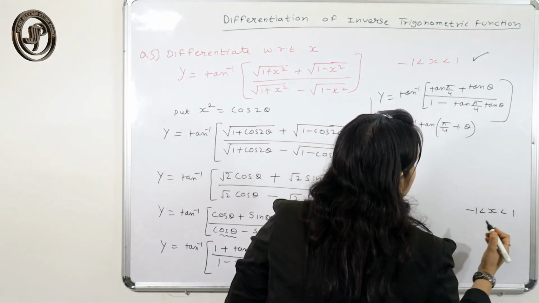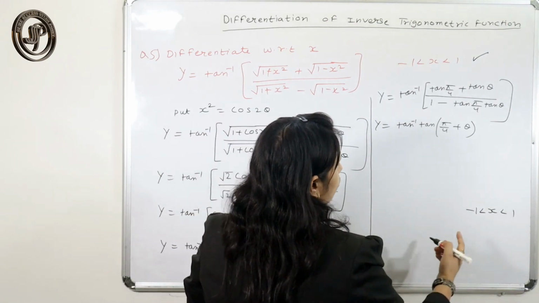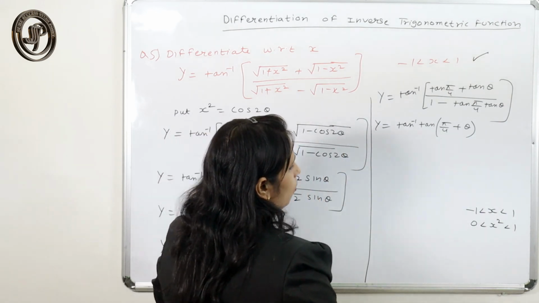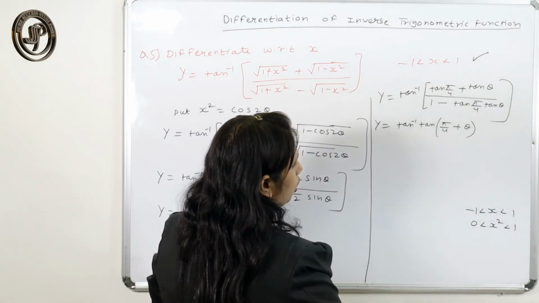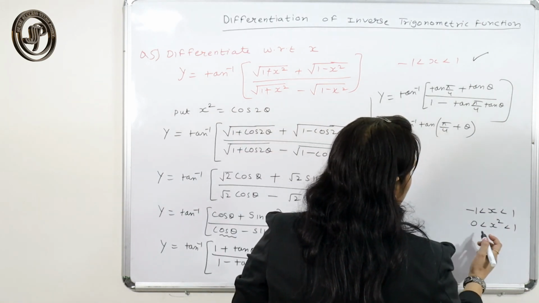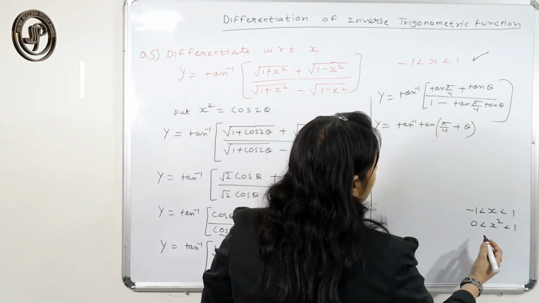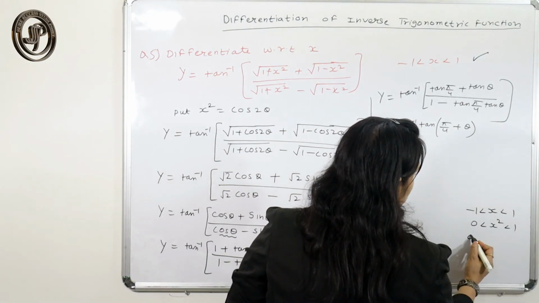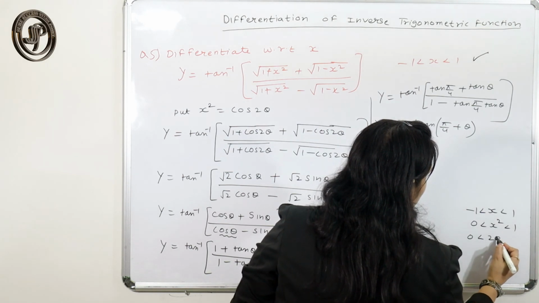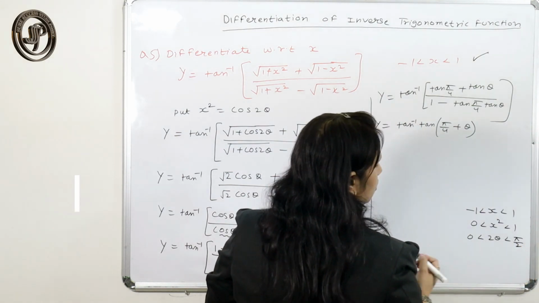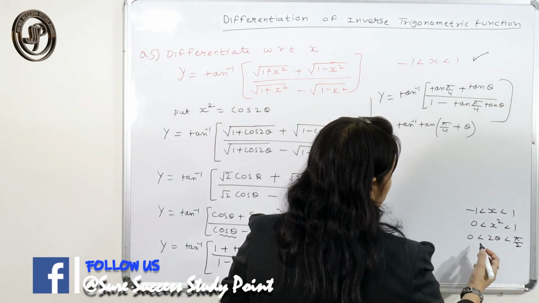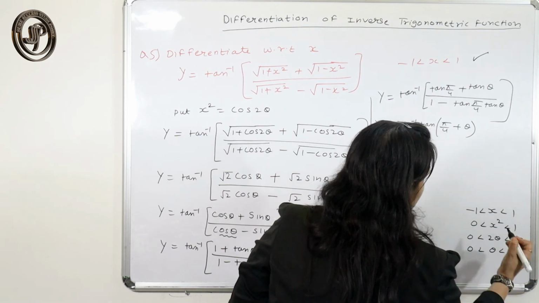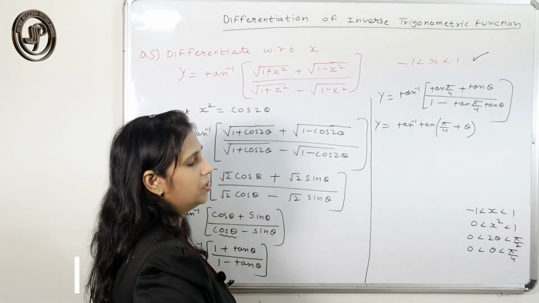So if the range is this, for x square it is this. Now x square is cos 2 theta. If cos 2 theta has this range, then for 2 theta it is 0 to pi by 2, and for theta it will be 0 to pi by 4.